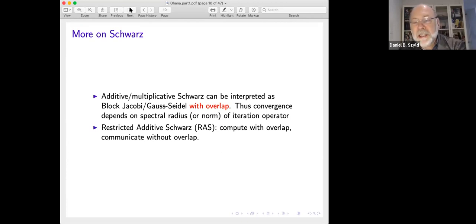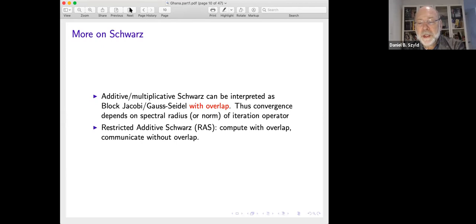Now, restricted additive Schwarz is one way of fixing the problem of the overlap counting. So restricted additive Schwarz says, you compute with the overlap, as I show you in that sketch, but then you throw away what you have from the overlap and you only keep the non-overlap variables.